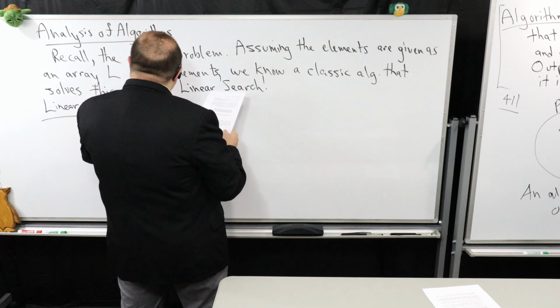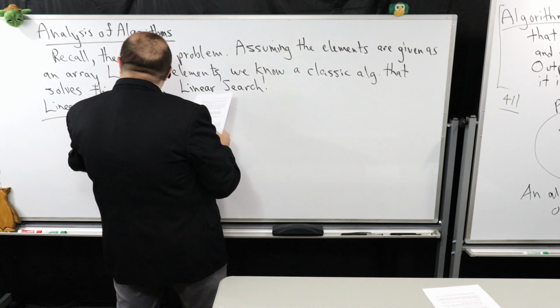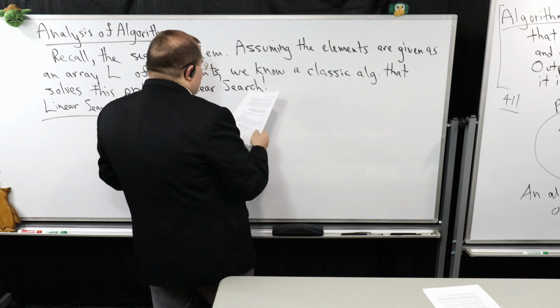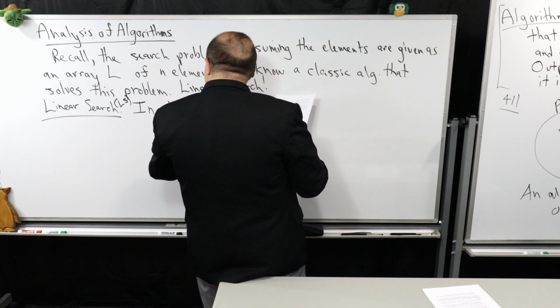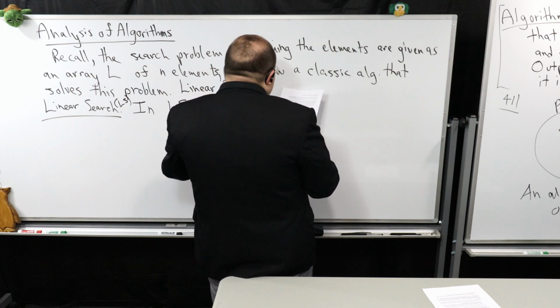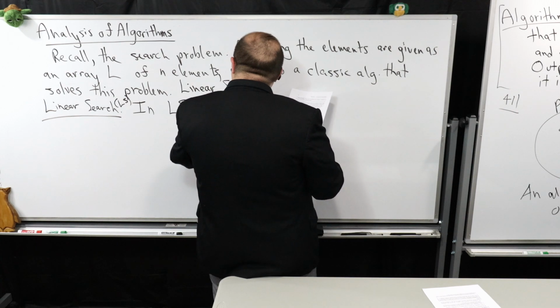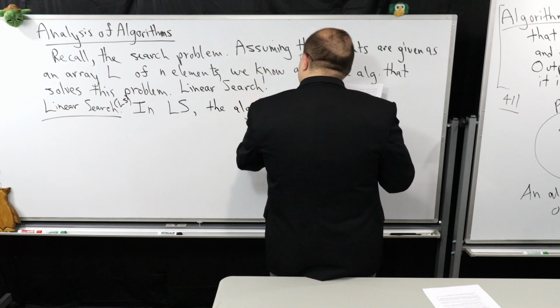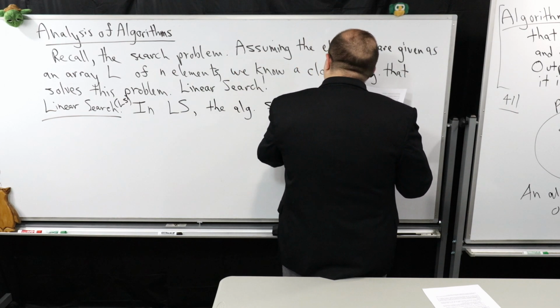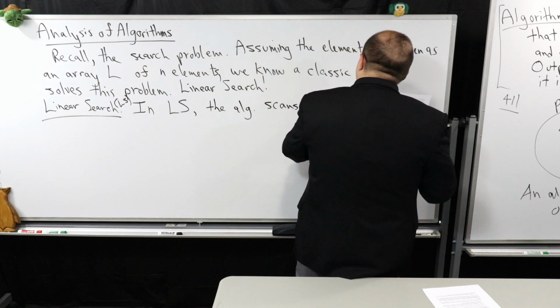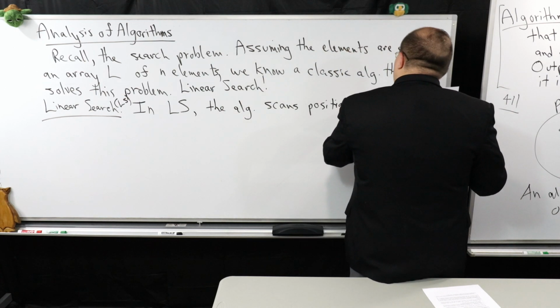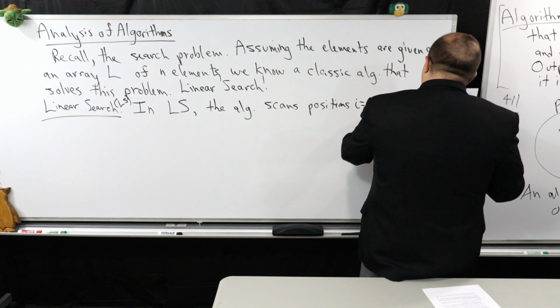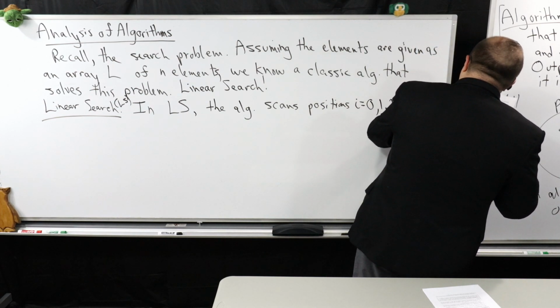In linear search, I'll abbreviate this with LS, just because I don't want you writing too much. In linear search, the algorithm scans positions i equal to 0, 1, 2, all the way up to n minus 1.